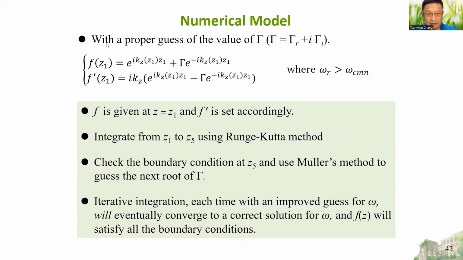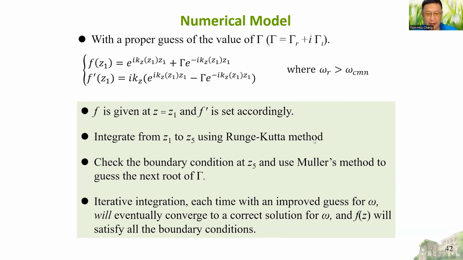The numerical model is slightly different, with a proper guess of the value of gamma. And we then put in F(Z1), and we get F prime of Z1, shown here. Since F is given at Z equals Z1, F prime is also set accordingly. Once we know this, integration from Z1 to Z5 using the Runge-Kutta method.